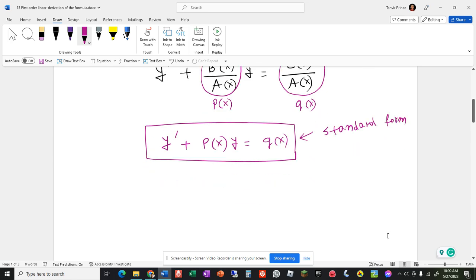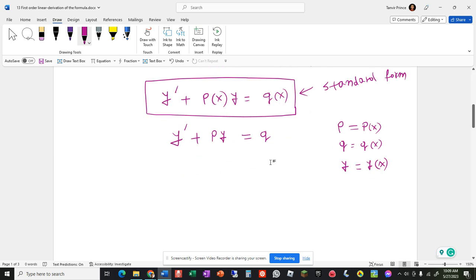Here, as a shortcut, we're simply going to write y prime plus p y equal to q. It is understood that p is a function of x, q is a function of x, and so on. Even y is some unknown function of x. Again, I'm using x, but in some instances it might be t, and all the functions are functions of t, so that's okay, no problem.